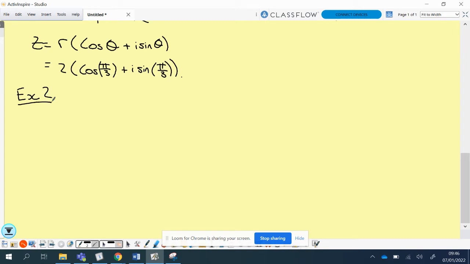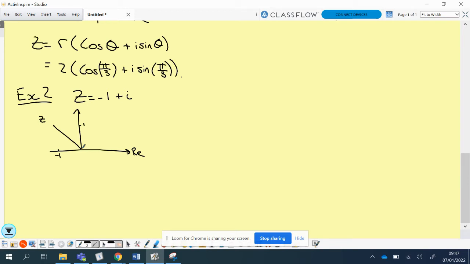We're going to let z equal -1 plus i. So this time round, we can see we're going to have to go along the negative side of the real axis. So I need to go along to -1, and I need to go up 1 in the imaginary, so my complex number will be there.